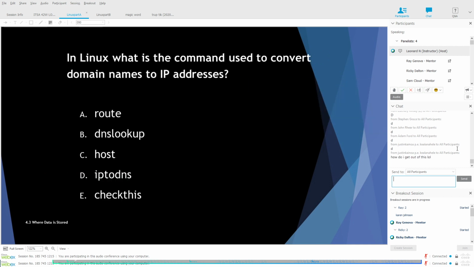In Linux, what is the command used to convert domain names to IP addresses? What translates our addresses?